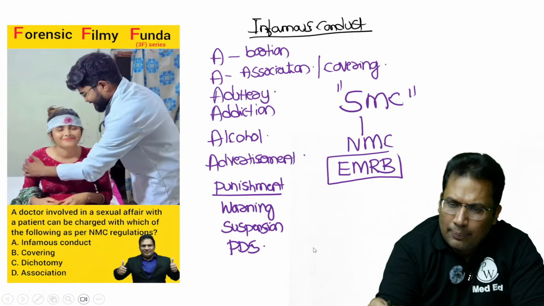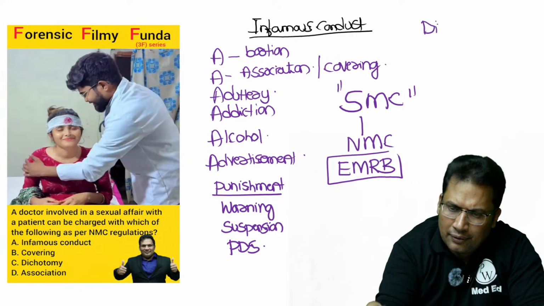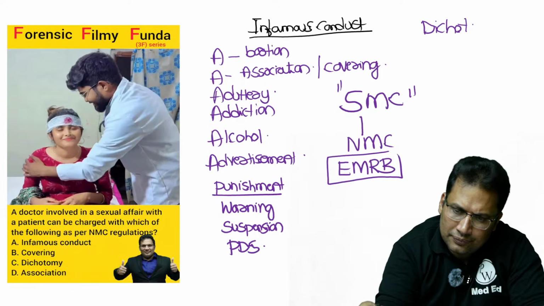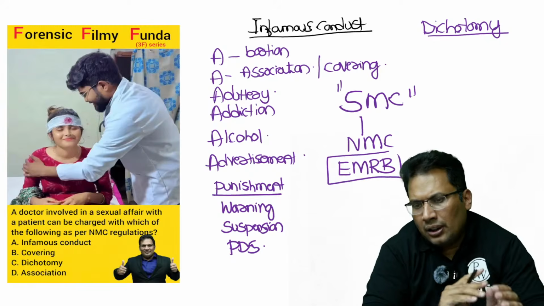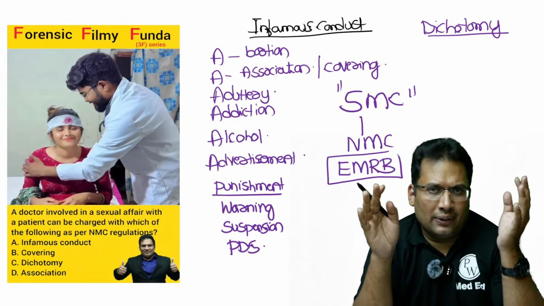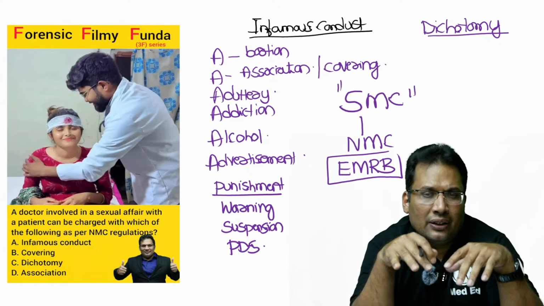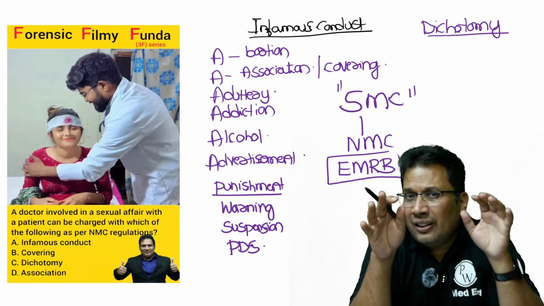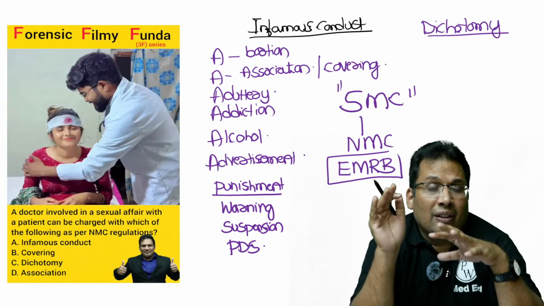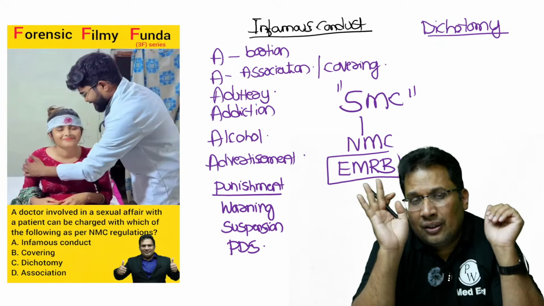What do you mean by dichotomy, guys? डाइकोटमी क्या होती है बताओ? डाइकोटमी मतलब फी स्प्लिटिंग, गिविंग कमीशन, टेकिंग कमीशन in relation with patient treatment, patient referral or patient discharge.